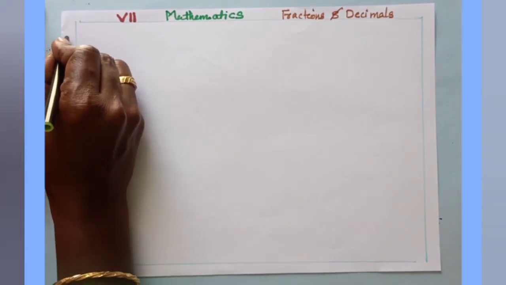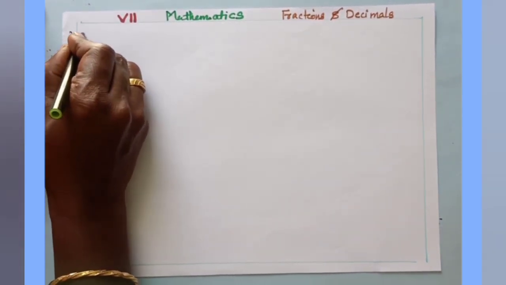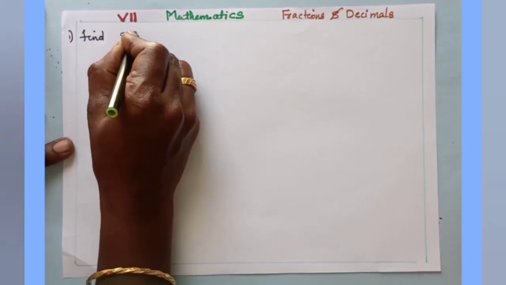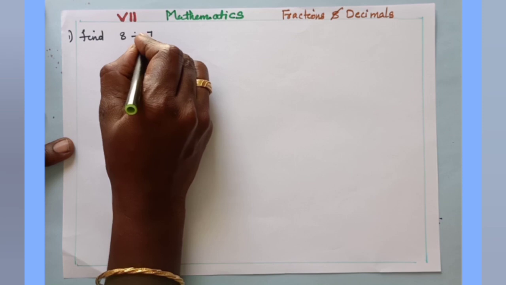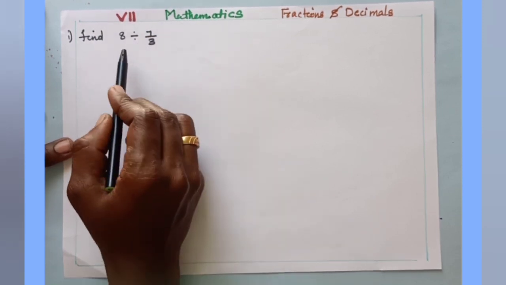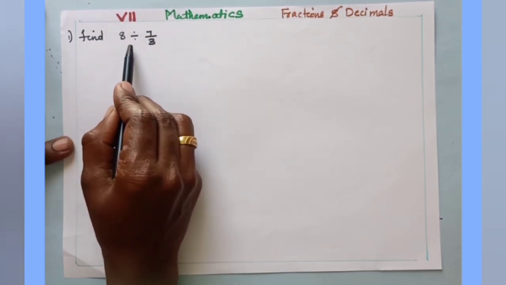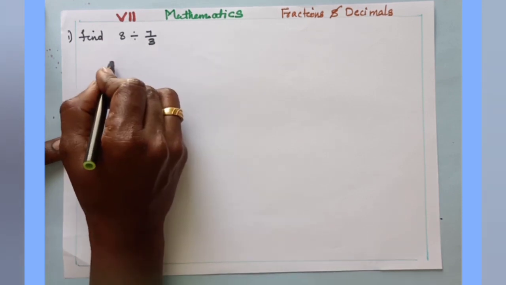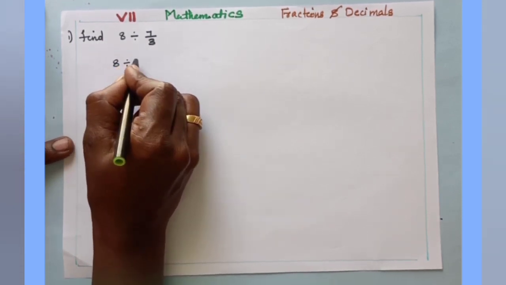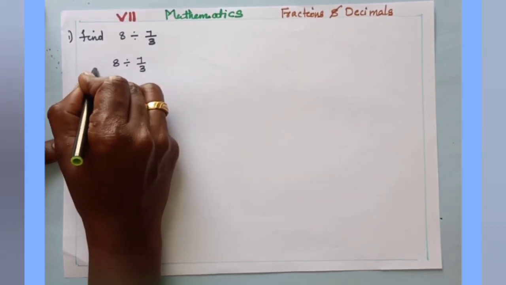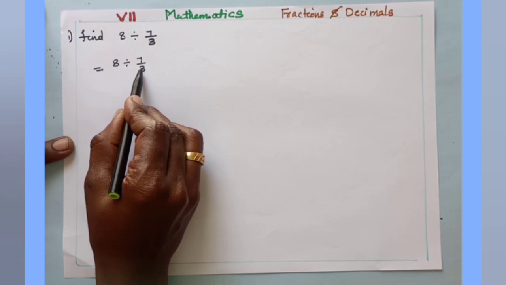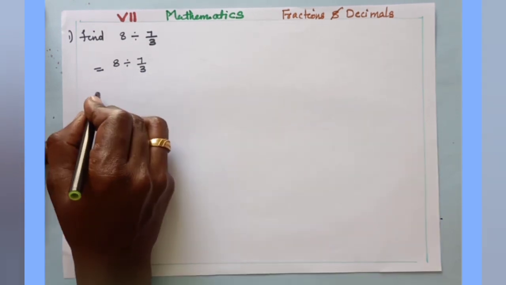Okay, same model. Another question. Find 8 divided by 7/3. Here, one whole number is divided by a fraction. So 8 divided by 7/3: multiply the reciprocal of the fraction by the whole number.